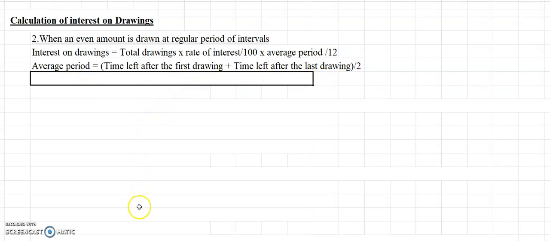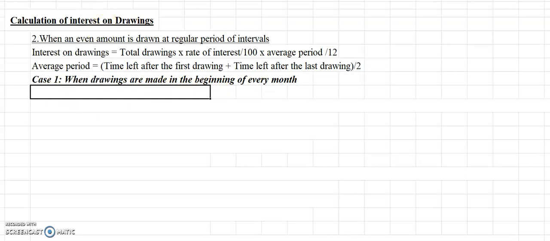We have told that 9 methods we have to study. Out of that, the first method is the same thing which we have discussed now, when drawings are made in the beginning of every month. As we have told, average period is equal to 12 plus 1 by 2. 12 means from 1st January onwards we will count, January, February, March, April, May, June, like that till 31st December.